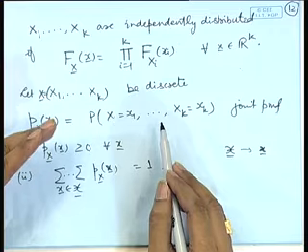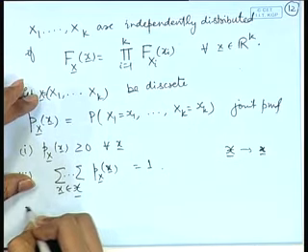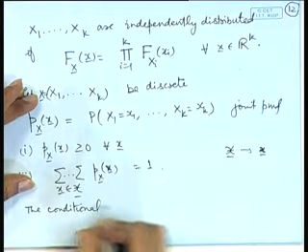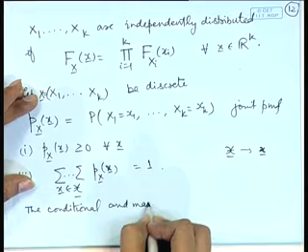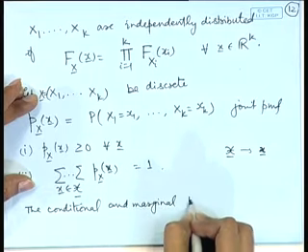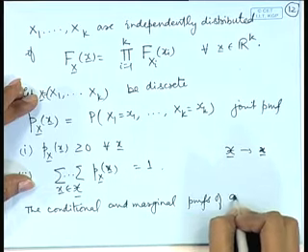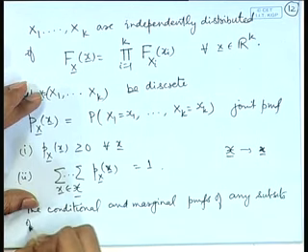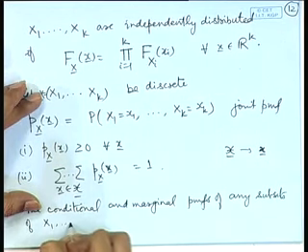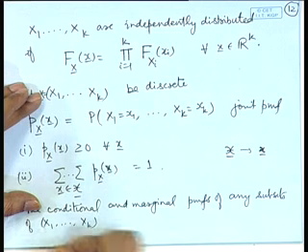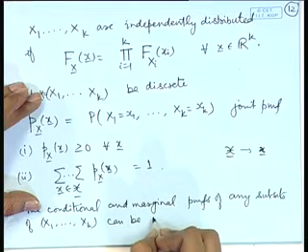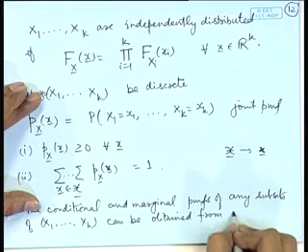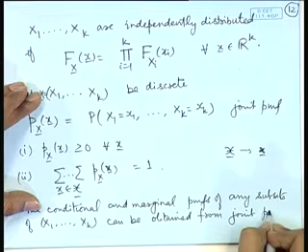So, the conditional and marginal PMFs of any subsets of x1, x2, ..., xk can be obtained from the joint PMF.